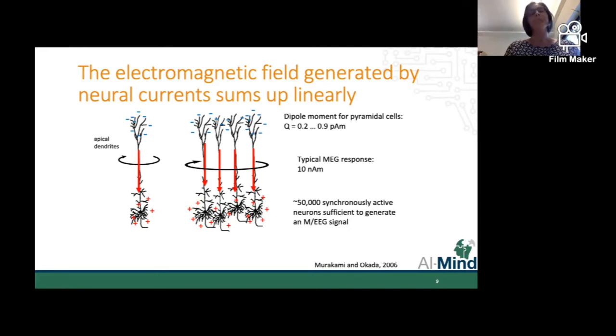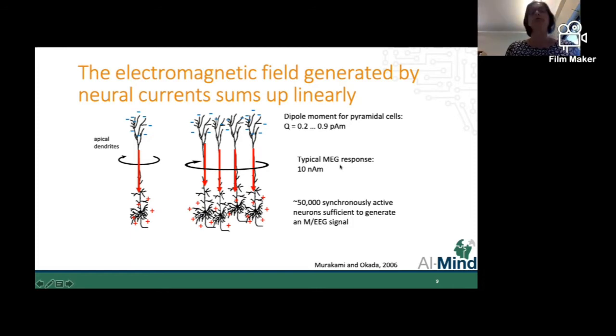And the go-to paper to find out how many neurons we would need in order to see a signal is a paper by Murakami and Okada, where they made simulations for both MEG and EEG signals. I show here an example for MEG signals. In their simulations, they found that the dipole moment for typical pyramidal cells is about 0.2 to 0.9 picoampere meters.